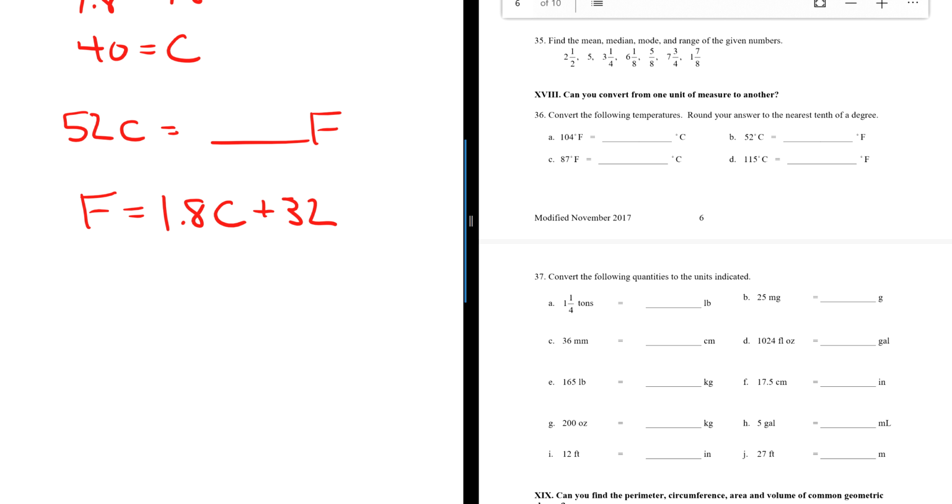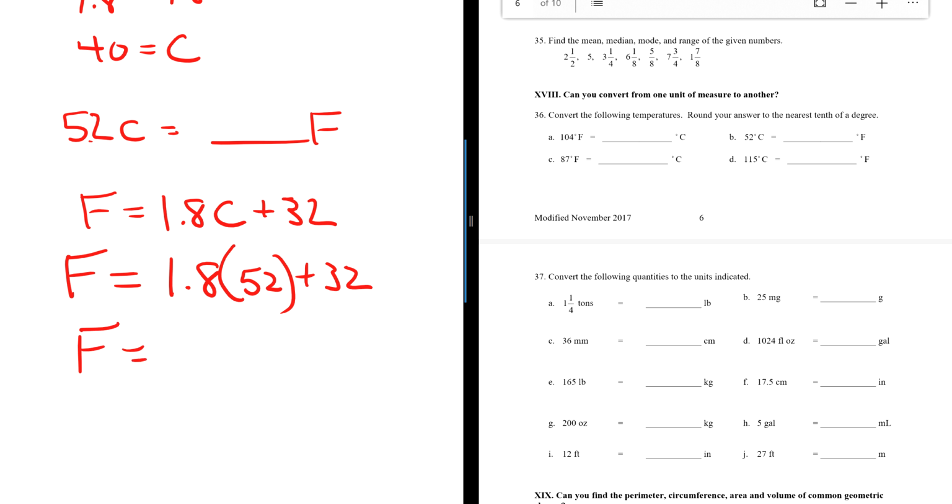And now we're converting it to Fahrenheit, so I've got to solve for F. The 52 is going to take the place of the C. So F equals 1.8 times 52 plus 32. All right, now just figure out what this right side is. It looks like the Fahrenheit equivalent is 125.6 degrees Fahrenheit.